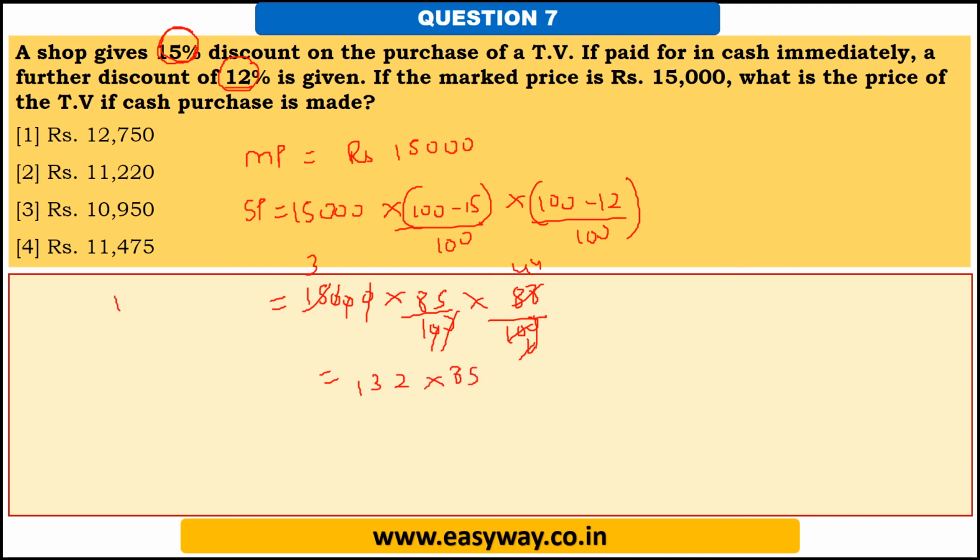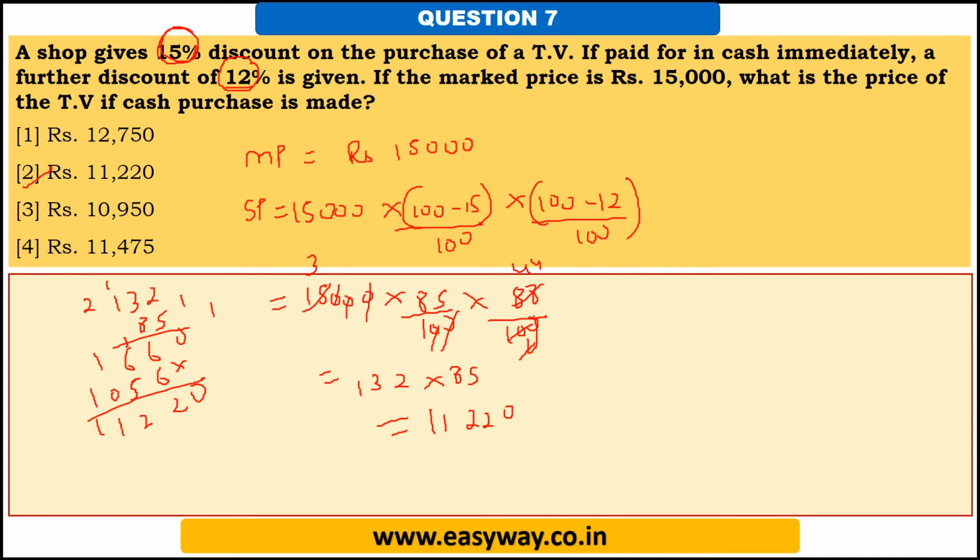So what will be 132 into 85? 5 twos are 10, 5 threes are 15, 16, 5 ones are 5, 6. Then 8 twos are 16, 8 threes are 24, 25, 8 ones are 8, 10. So 0, 12, 12, and this is 1120. 11220. Okay, so the answer is option number 2, 11,220.